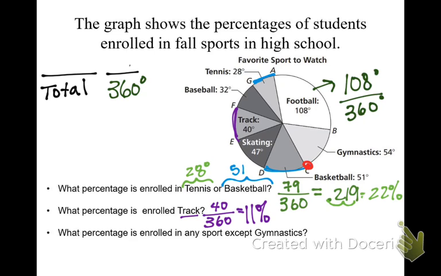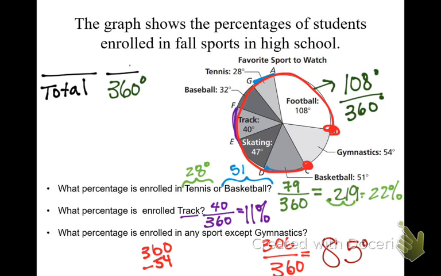That's the entire circle except for gymnastics. So 360 minus 54, which is 306. So 306 out of 360 is 0.85, so 85% are in a sport that is not gymnastics.